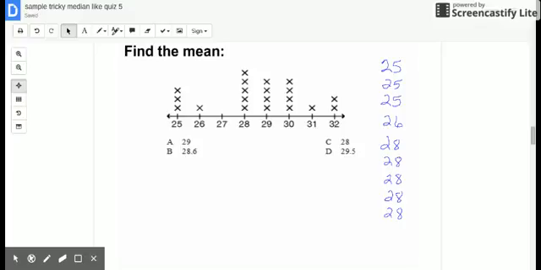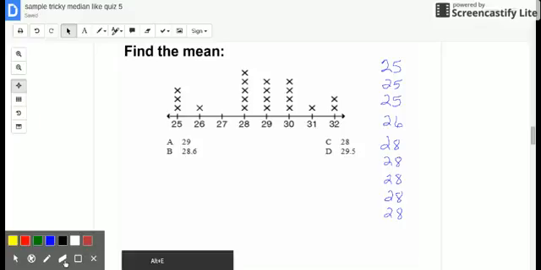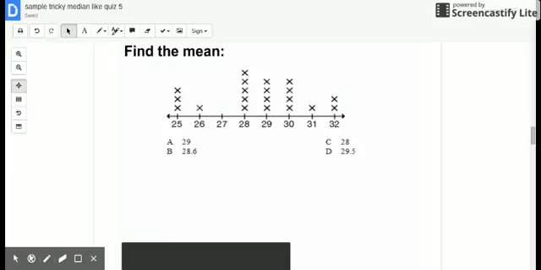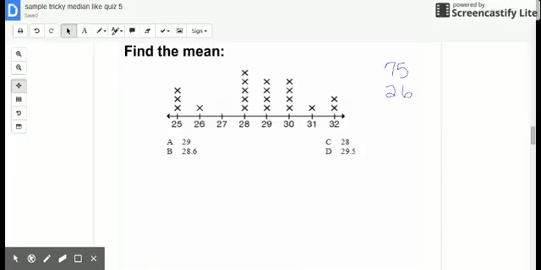Instead of having all of these values that I'm then going to add up, that's a lot of numbers. So what I'm going to do instead is I'm simply going to see I have 3 25s, so that's 75. I have 1 26, so I have a 26. Especially if you have access to a calculator and you have a lot of numbers like this, it makes the most sense.